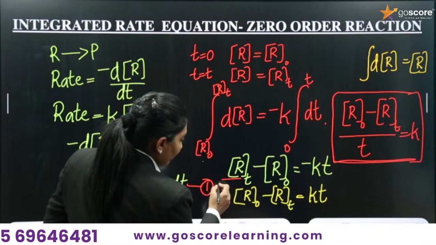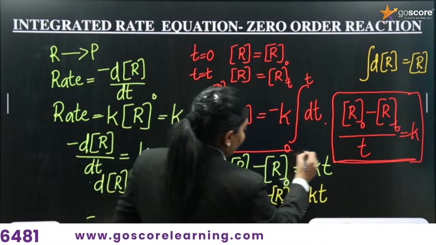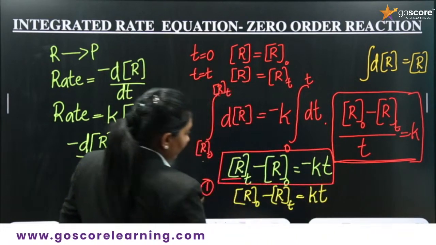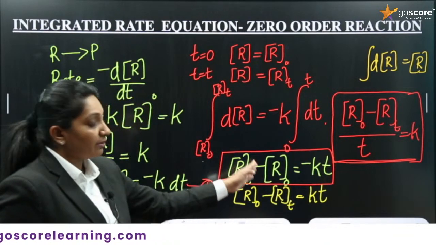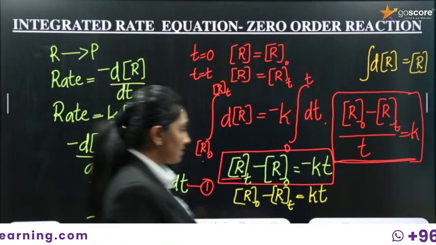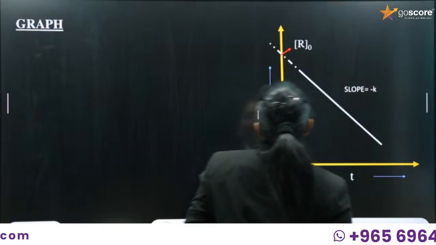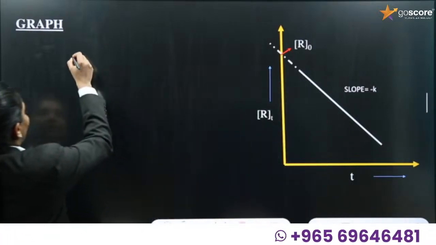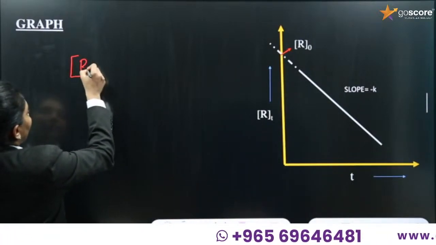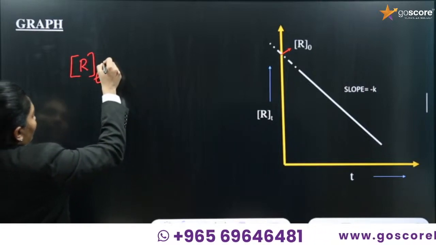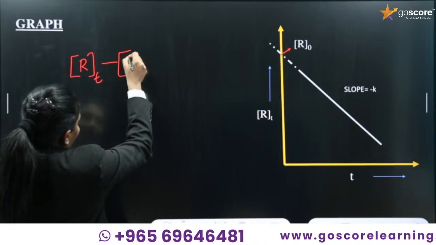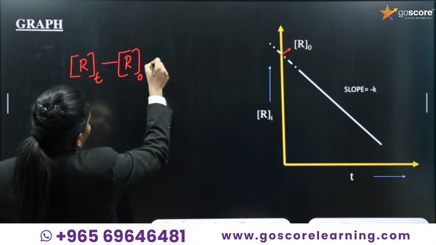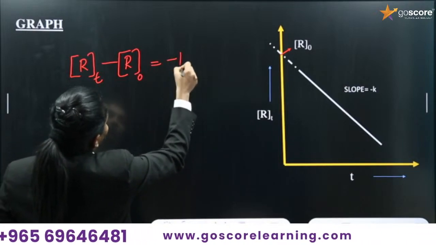And you should also keep in mind this equation also. This one will be useful for drawing the graph. Okay, that is Rt minus R0 equal to minus kt. See, writing this equation here, Rt, concentration of reactant at time t, minus R0 is equal to minus kt.